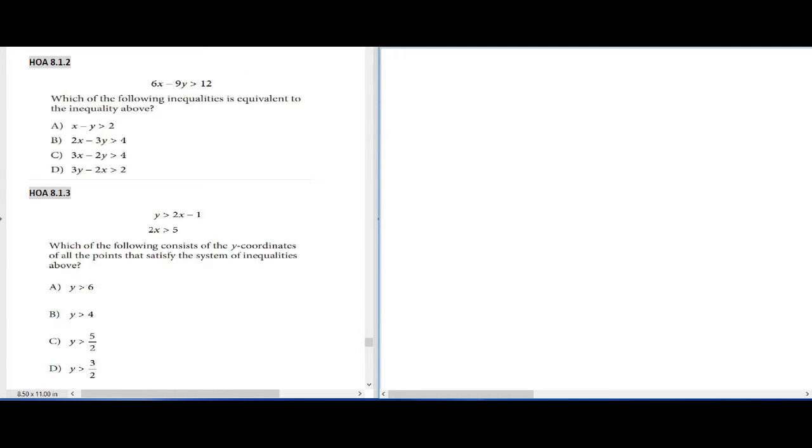For number 2, they gave you one linear inequality in two variables: 6x minus 9y is greater than 12. And then they want to find the equivalent inequality. For an inequality or equation, to make an equivalent inequality, you can add, subtract, multiply, or divide both sides, right?